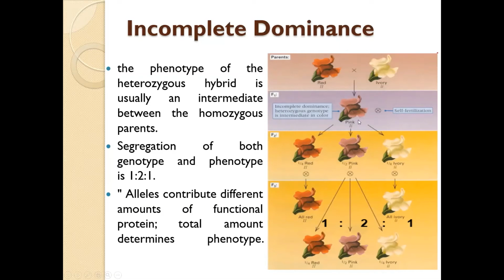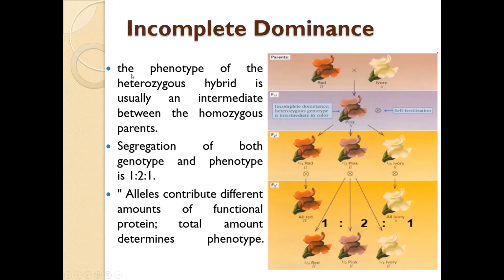And when we self-pollinate this pink flower, the F1 progeny, in the F2 progeny we will get 1/4 red, the dominant one, half pink, the incomplete dominant one, and 1/4 ivory, the recessive one.